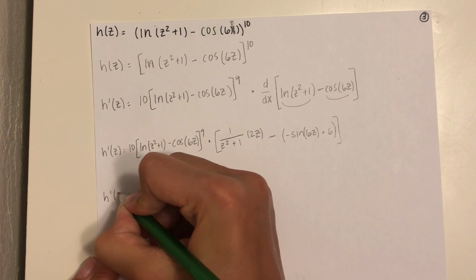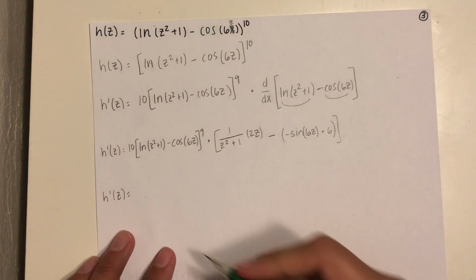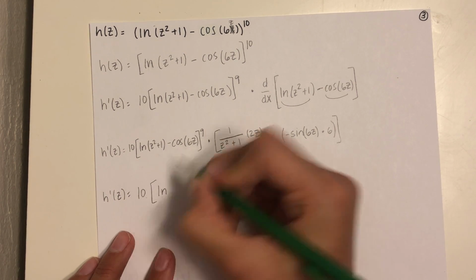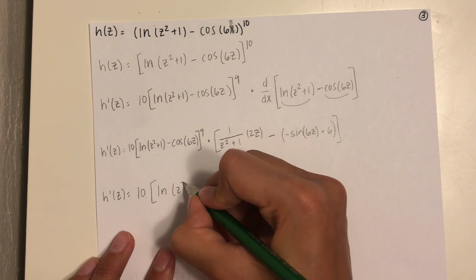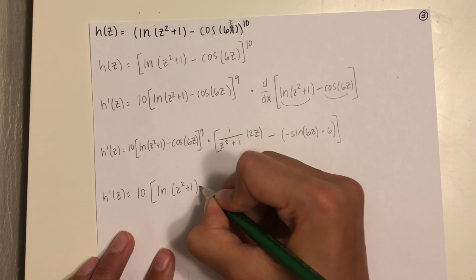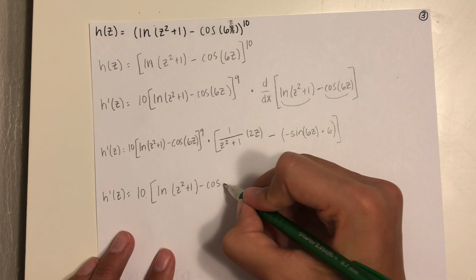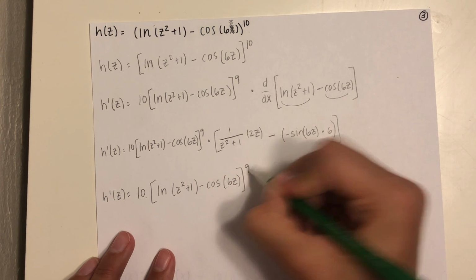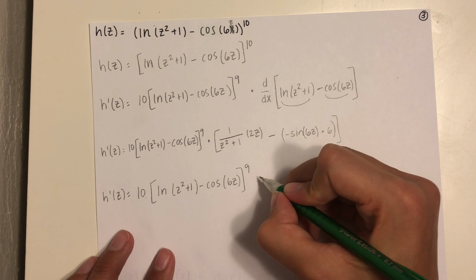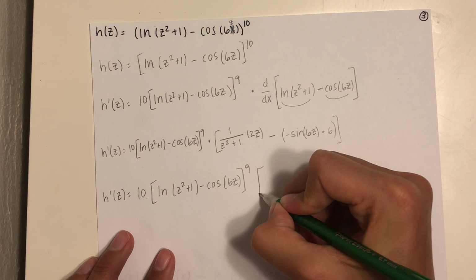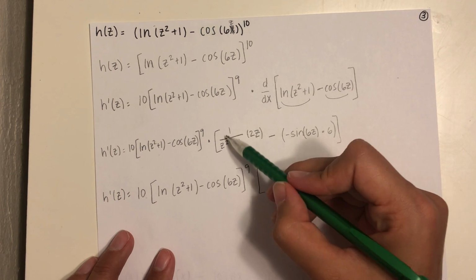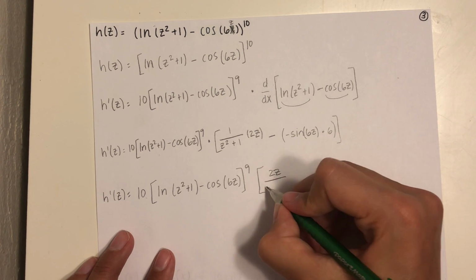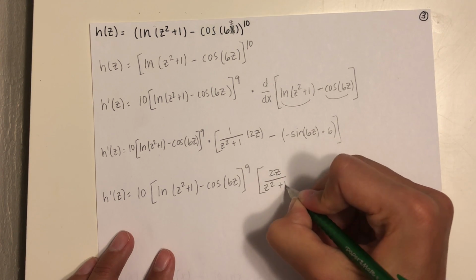So h prime of z is 10 times the natural log of z squared plus 1 minus cosine of 6z, all that being to the 9th. And then that gets multiplied by 2z times 1 over that just becomes 2z over z squared plus 1.